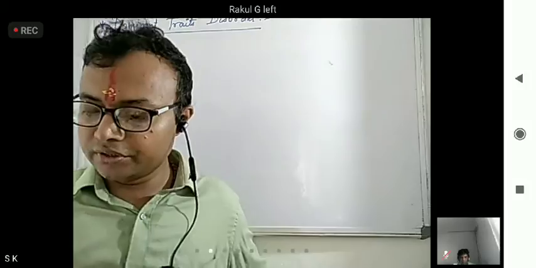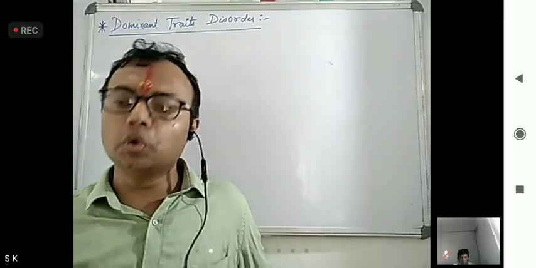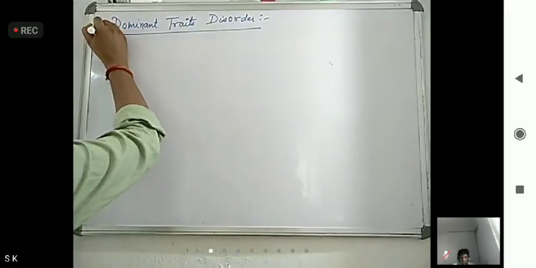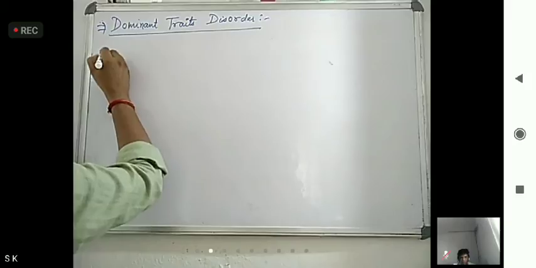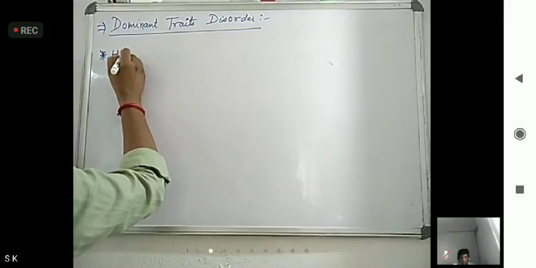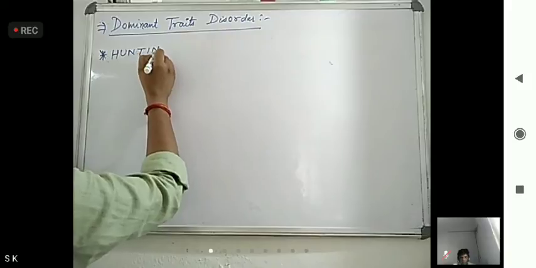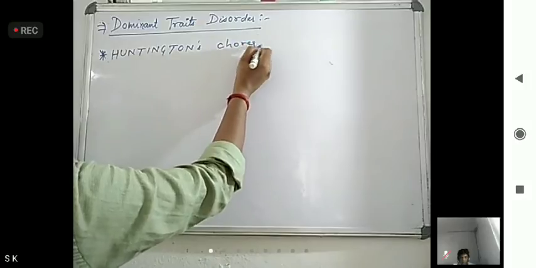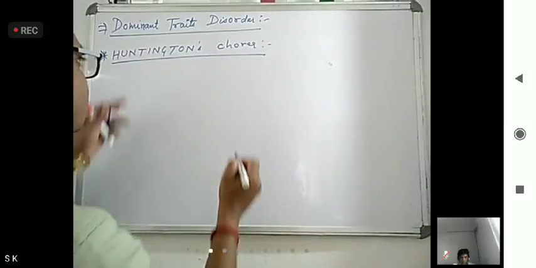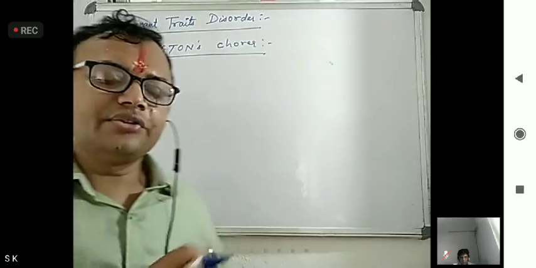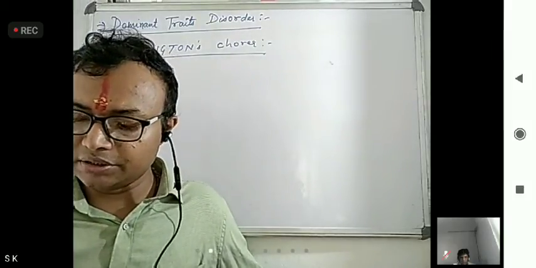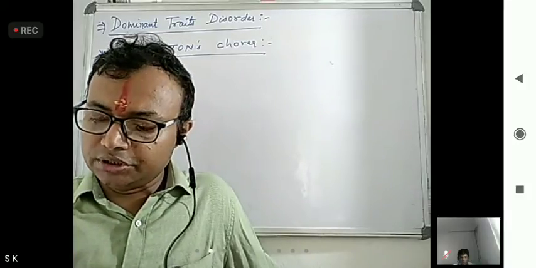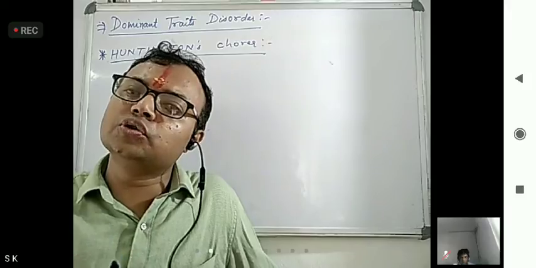Under that, first one is Huntington's chorea. Now, as already we told, this is what? Dominant disorder. So it is a dominant autosomal gene disorder occurring on chromosome number 4.